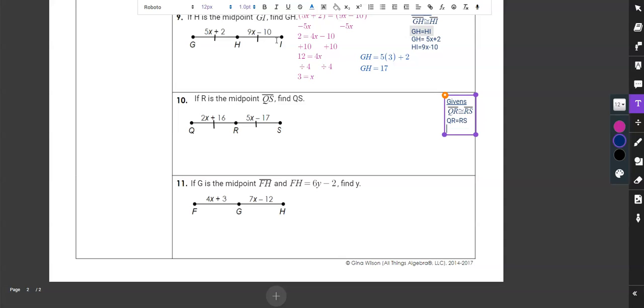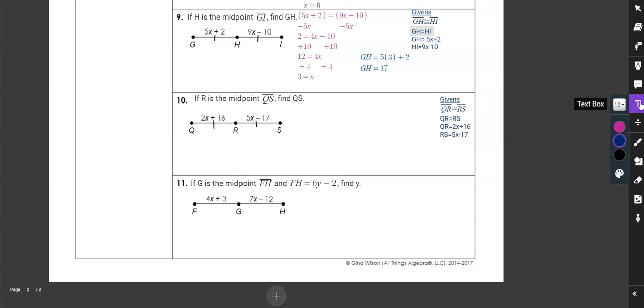And then we are given that QR is equal to 2x plus 16. And we are also given that RS is equal to 5x minus 17.